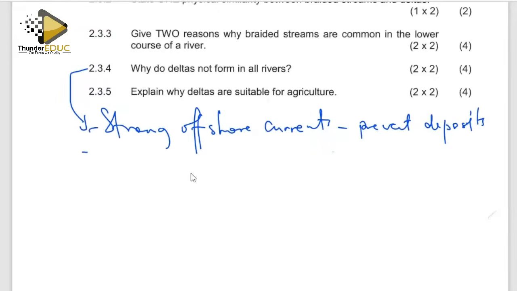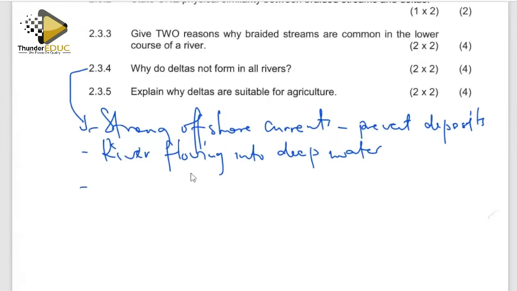And also the other reason is river flowing into deep water. For a delta to form, the river must be flowing into a mouth which is at almost the same altitude as the river that is feeding into it, such that there is effective deposition taking place.